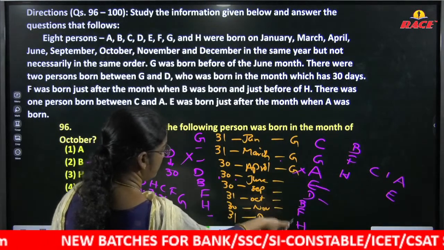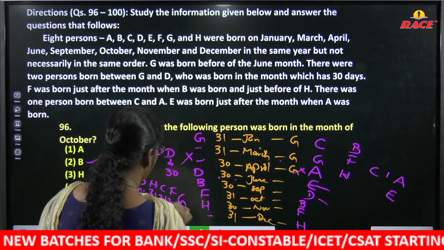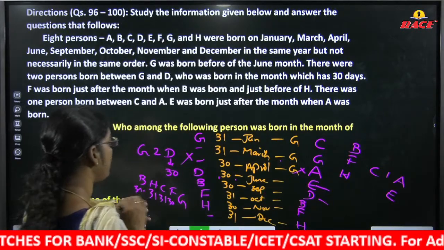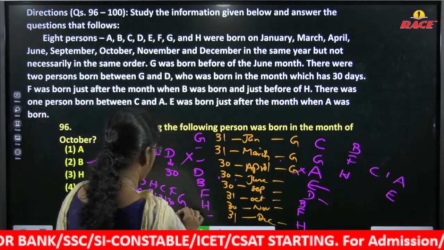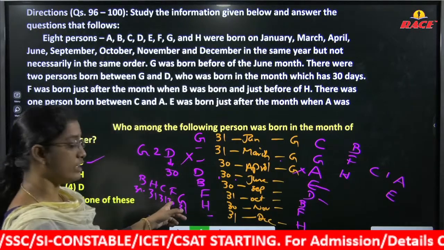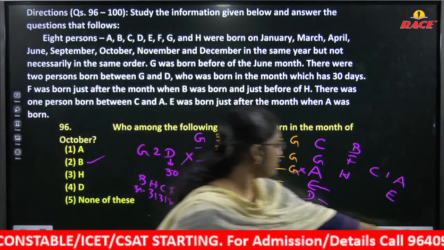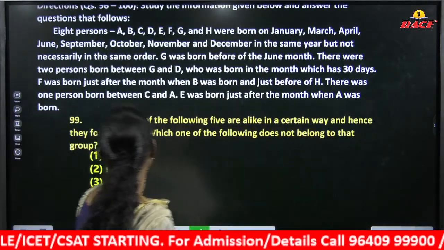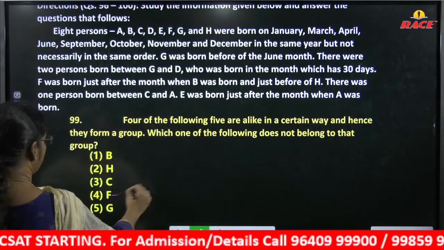Next, F is in a month having only 30 days. Next, G's month has 31 days. That means F is the different one. The odd one is F only, so our answer is F.